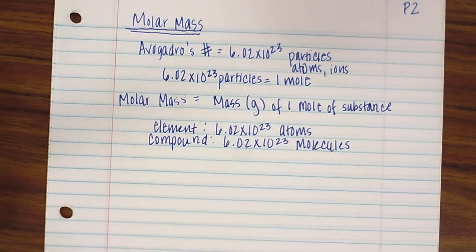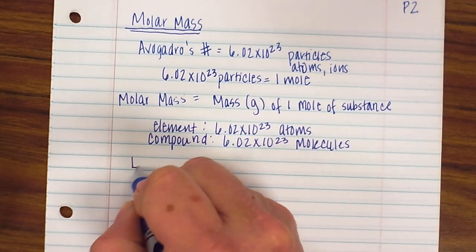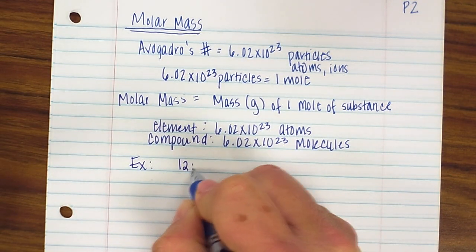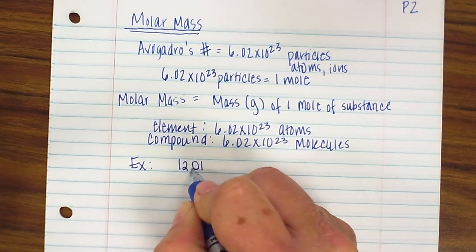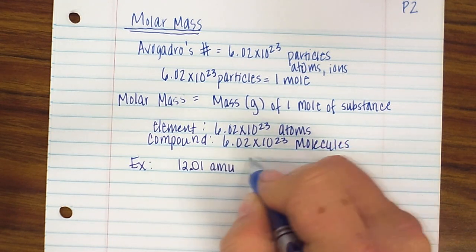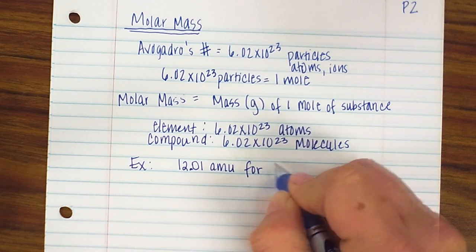And then what we want to know is what's the mass of 1 mole of those. Now, if you look on the periodic table, you see, for example, 12.01 AMUs for 1 atom of carbon.